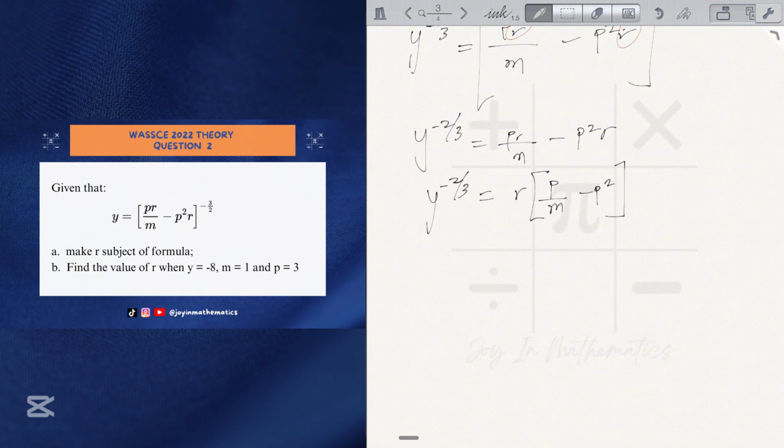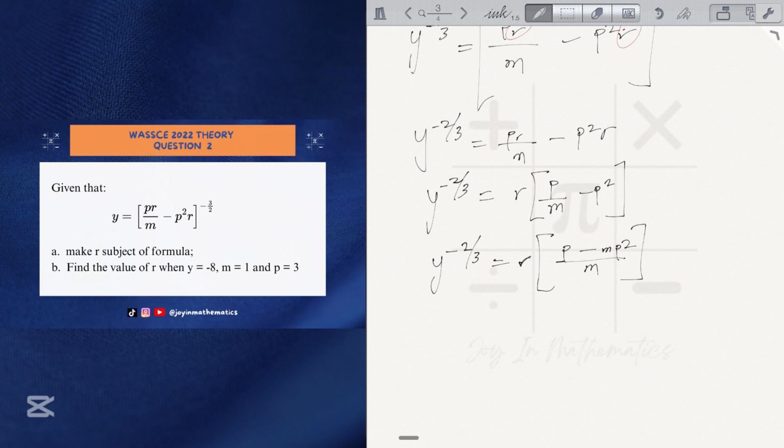Now for us to do that effectively, let's have this as a combined fraction with LCM of m. Once there's an LCM of m, we will have p over m minus p squared, which results into (p minus mp squared) divided by m, and the left hand side will be y raised to the power minus 2 over 3.